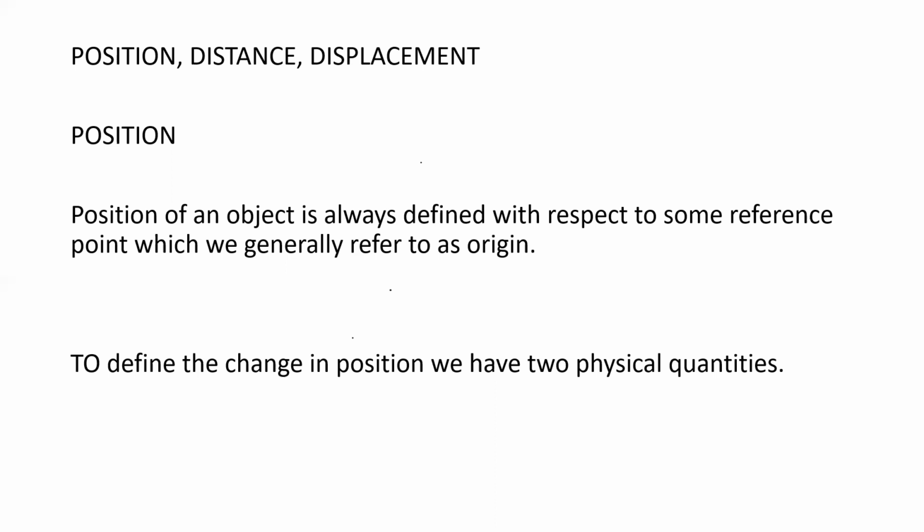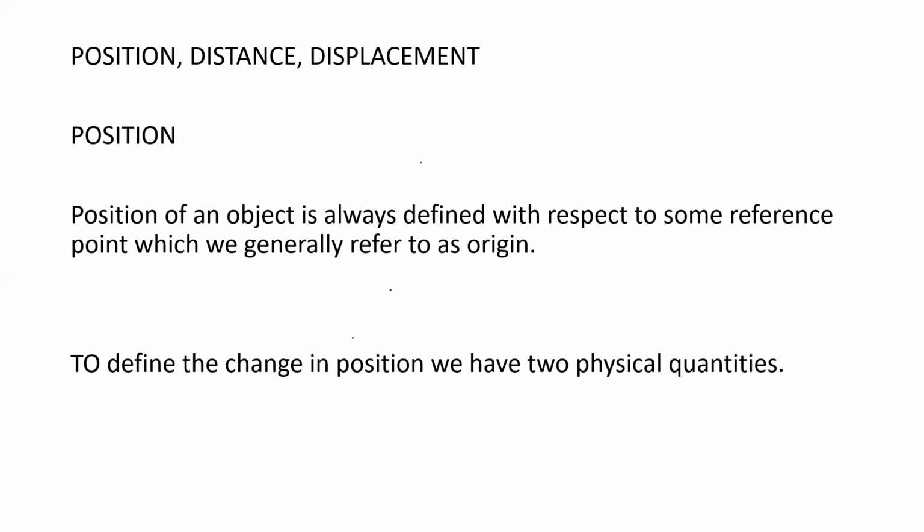Therefore here your home is like an origin, so from there you are doing the measurement. That is called position. It is nothing but the position of an object, always defined with respect to some reference point, which we generally refer to as origin.